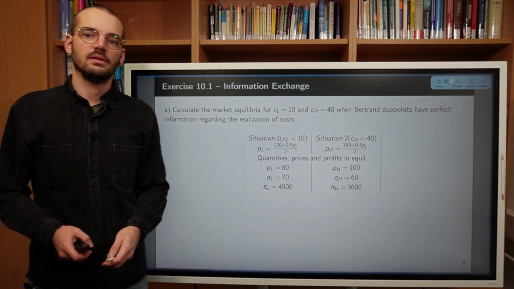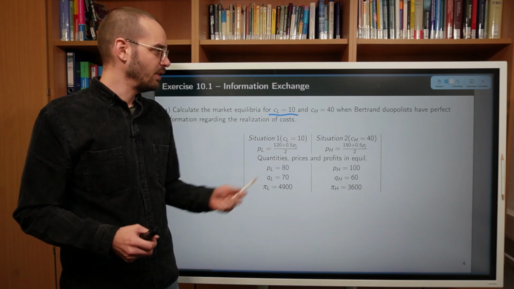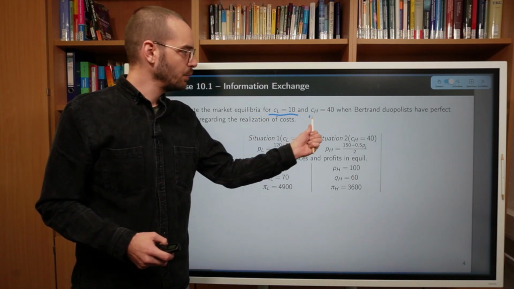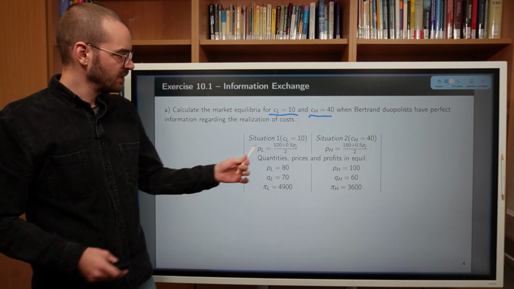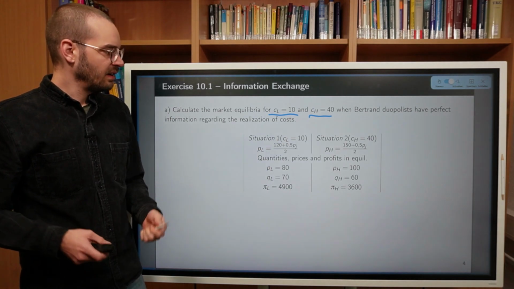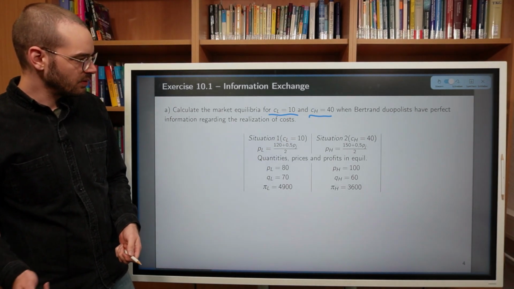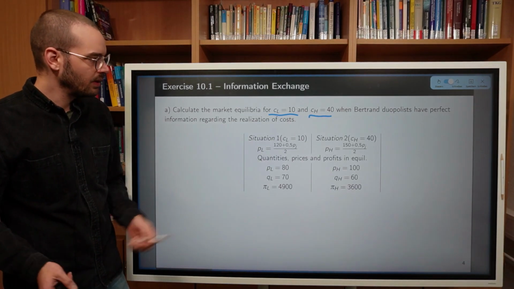One situation where both firms have low marginal costs of 10 and one situation where both firms have high marginal costs of 40. Situation 1, low marginal costs: we simply plug the low marginal costs into the reaction function that we derived earlier.